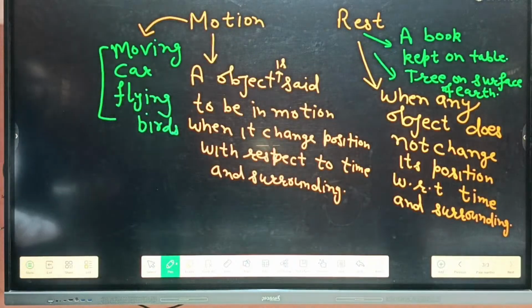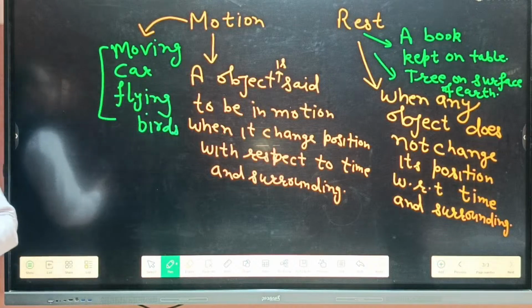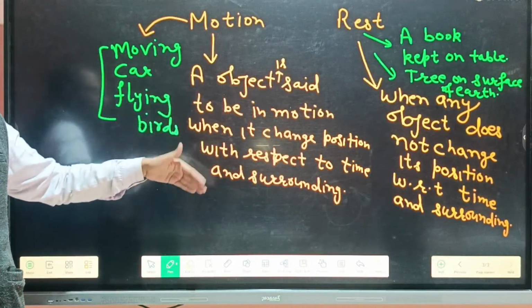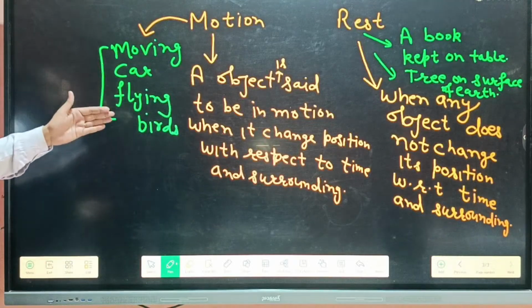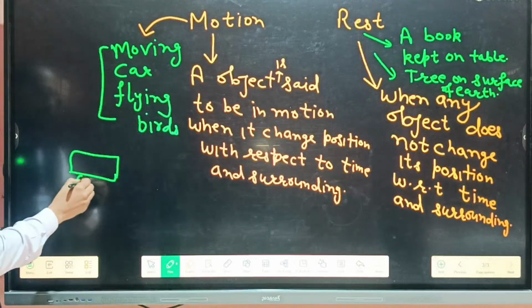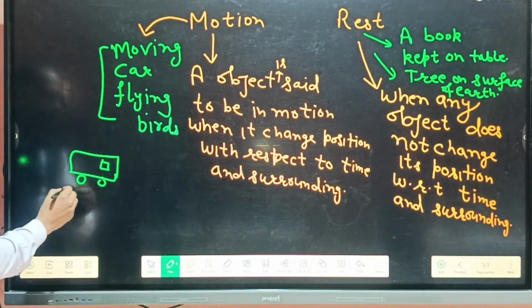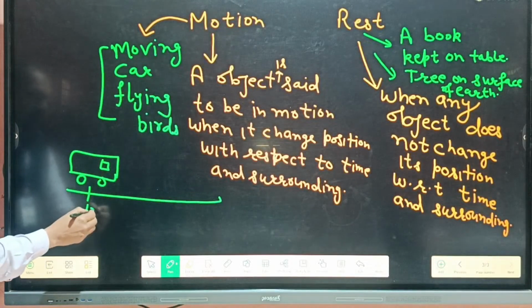So simply, in motion, any object which changes position with respect to time and surrounding is known as motion. For example, a moving car. If you note, for example, it stands here at 10 o'clock.